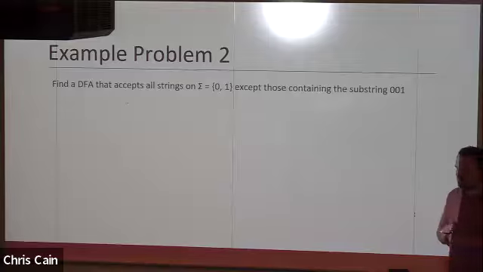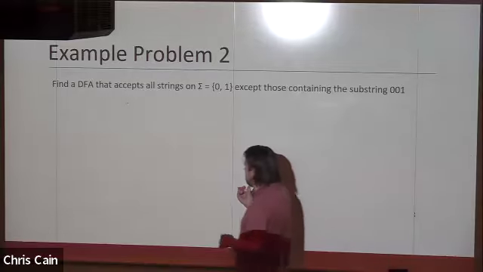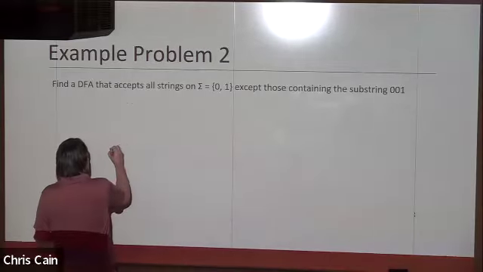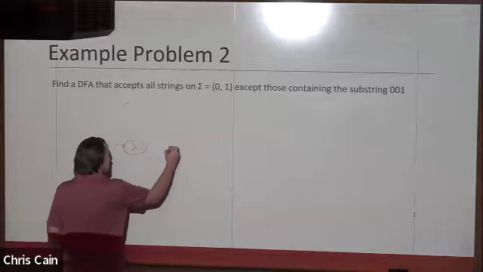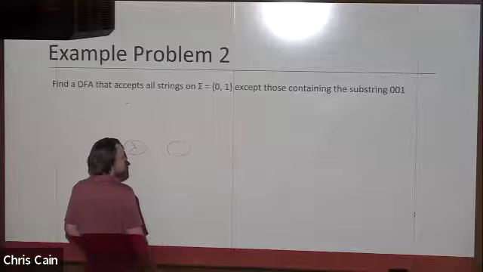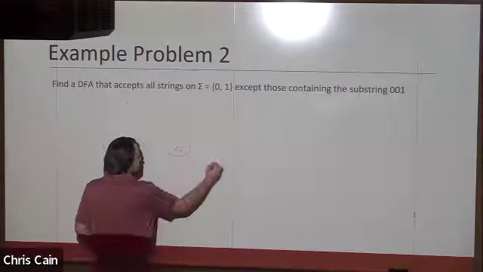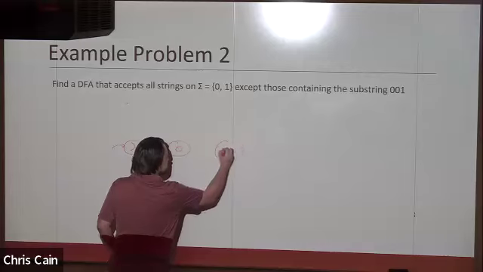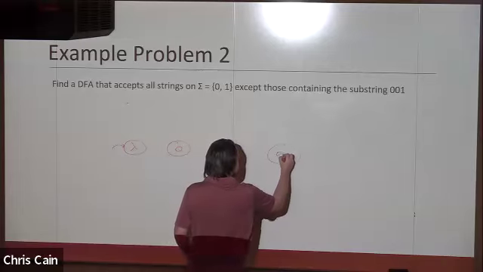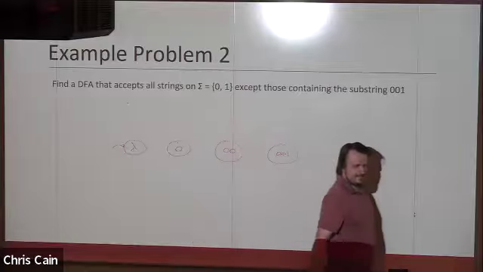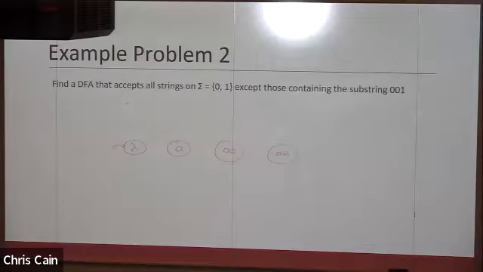It may help you to design this without the Q0 terminology. I like to think of this in terms of the states being the portion of the substring that you have seen so far. Now just put in the connections.